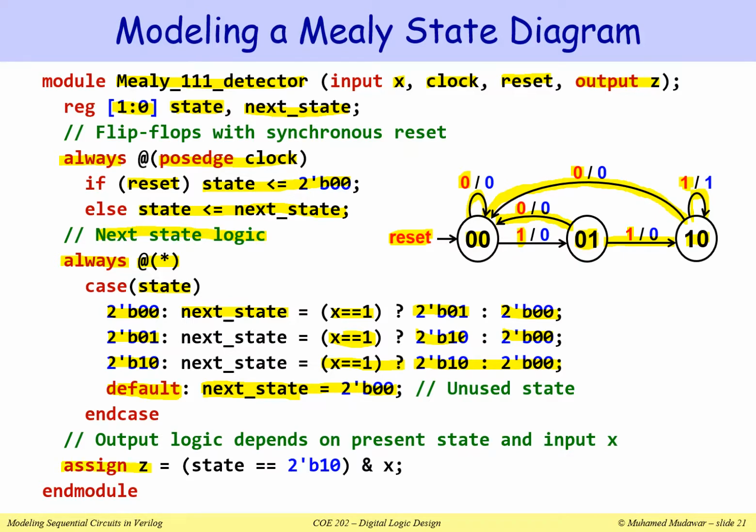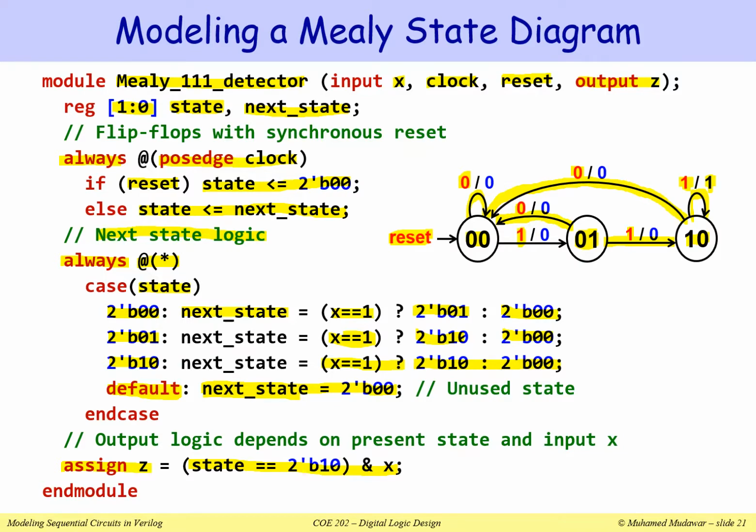So I can say that z is equal to 1 when the present state is equal to 1,0 and the input x is equal to 1. I can describe it with this expression: state equal to 1,0 and x, which means that x is equal to 1. If this is the case, we get the output z equal to 1. Otherwise, we have the output z equal to 0.